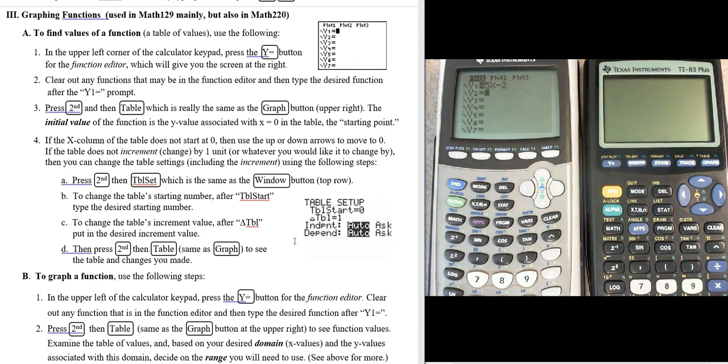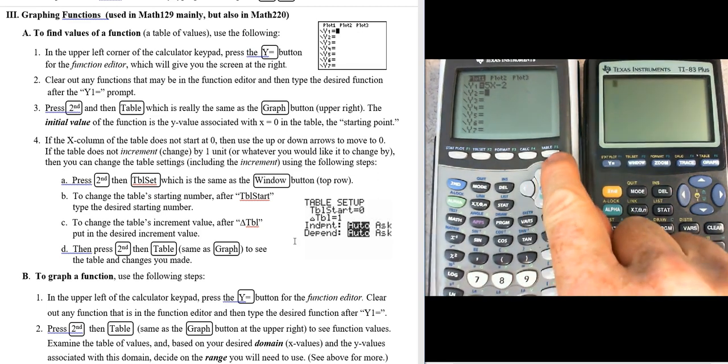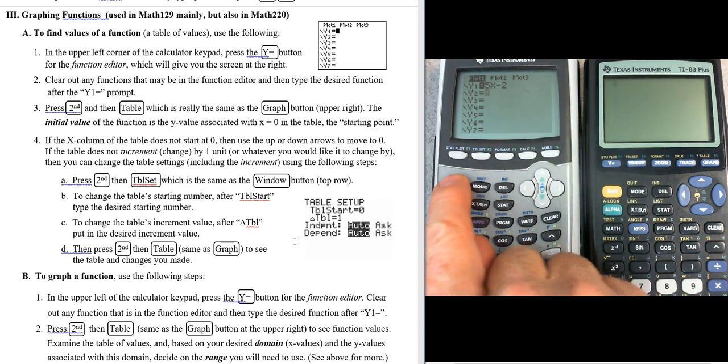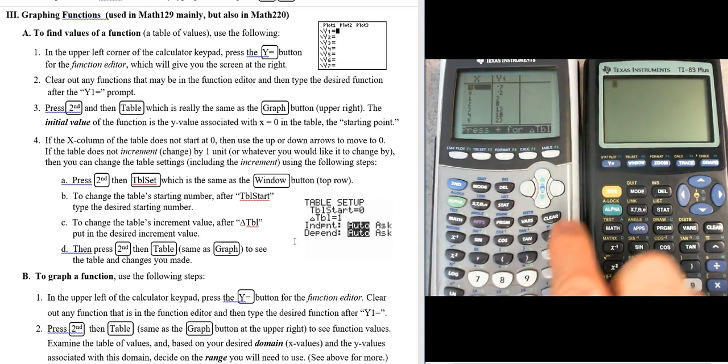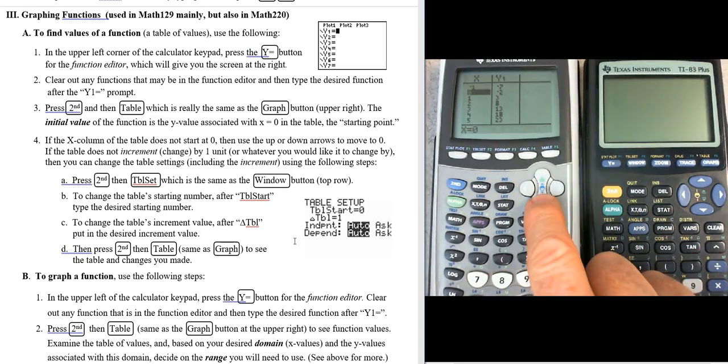All right, so I've typed that in. Now, there's two ways you can see what the results of this function are. One is a table. You see the word table right above this graph button? If you go second table, it will show you the results of this function.